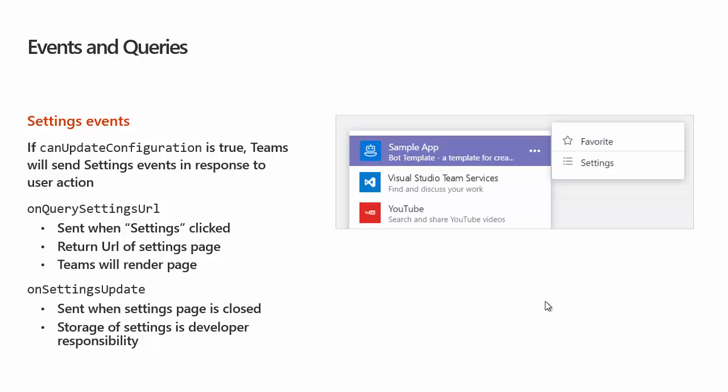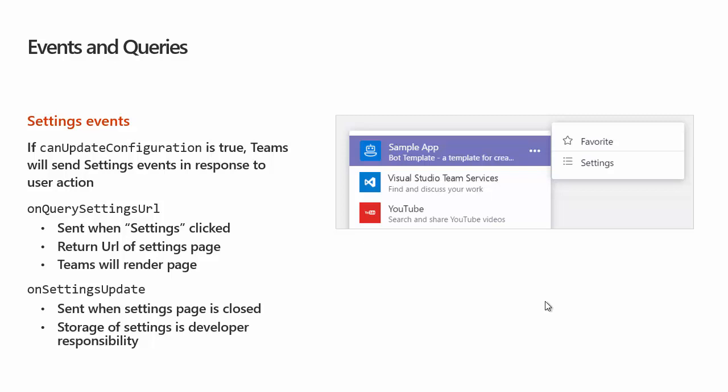The purpose of this is that perhaps you need to prompt the user for some license key, or perhaps you need an authentication experience that the user would have to go through, or perhaps you want settings that apply throughout this particular team. Remember, each application is installed individually in each team, and so in each team maybe you want some type of configuration experience to limit your extension to a subset of data based on the team. Whatever the scenario may be, you can configure that.